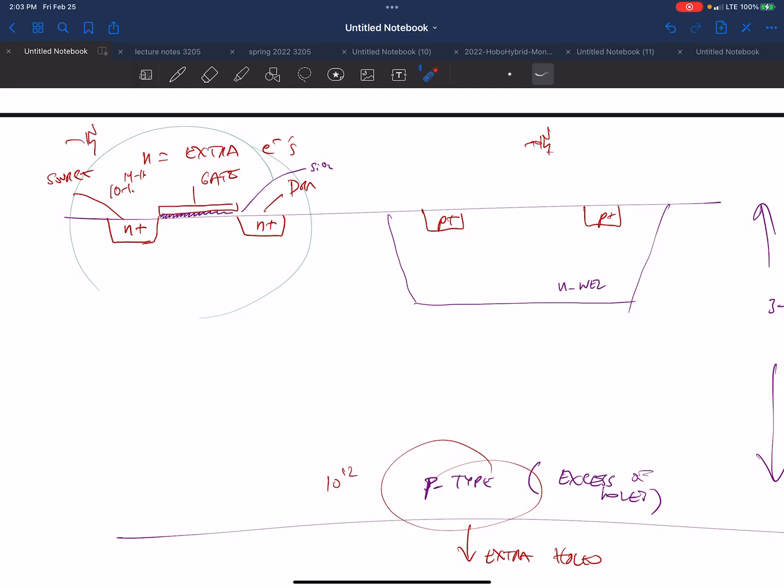Sometimes you get what's called twin tub, which means you would have both P well and N well, so you can tune things even more. Why is it this way? I have my own theory, but I don't know if it's really true. It turns out that, as we'll see, NMOSFETs are faster than PMOSFETs, by a factor of 2 or 3. It has to do with the fact that electrons move faster than holes.